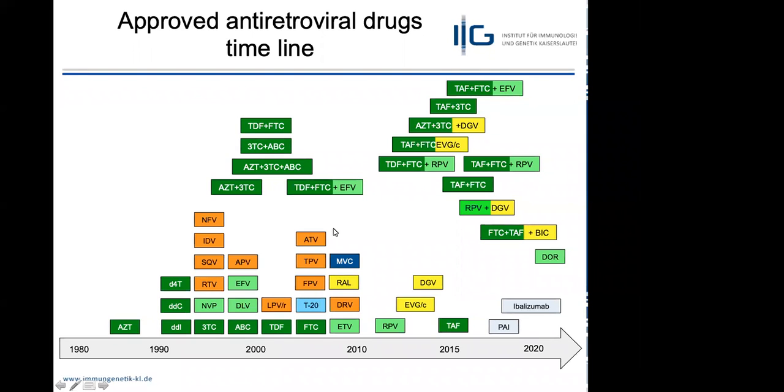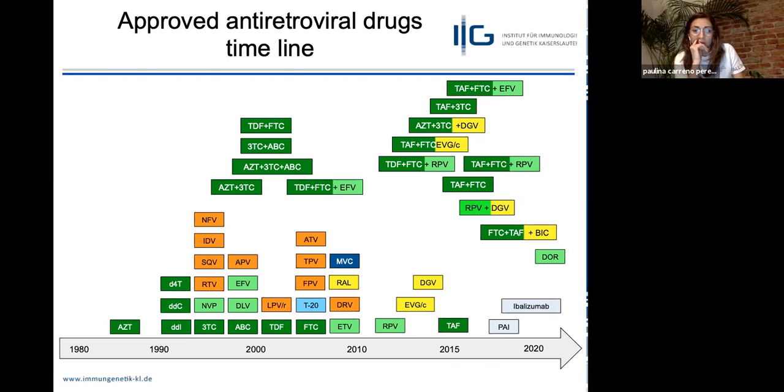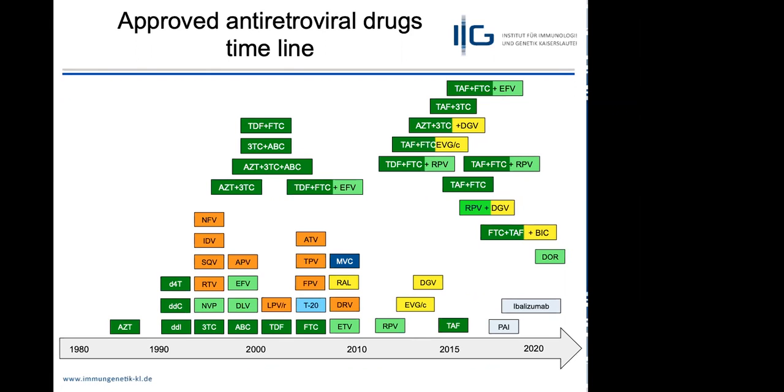And there are several drugs, and now we have even improved. It's more than having all these different drugs at hand and all these different drug classes, actually 5 drug classes, 2 different reverse transcriptase inhibitors. But we are now able to use combination of drugs, and by this now we can treat patients with single tablet regimens.